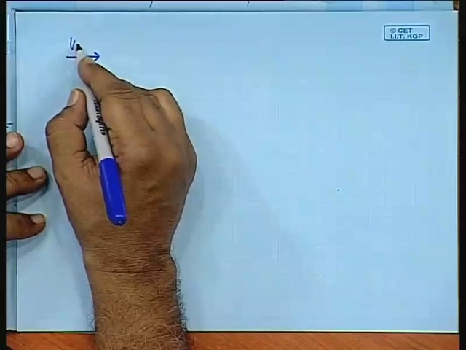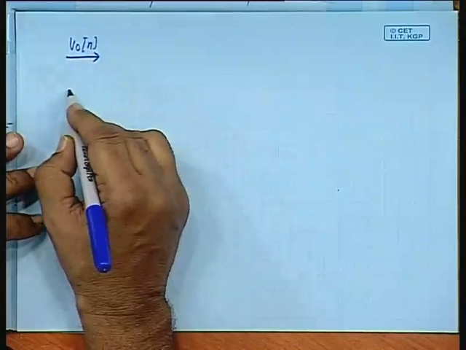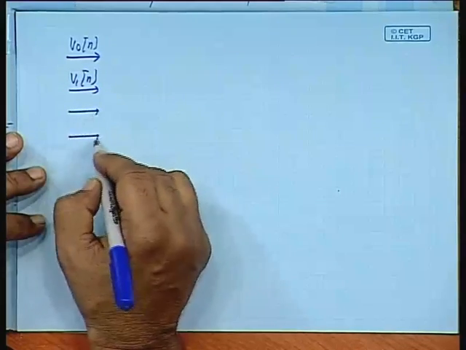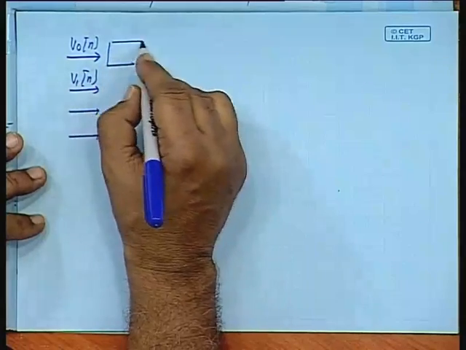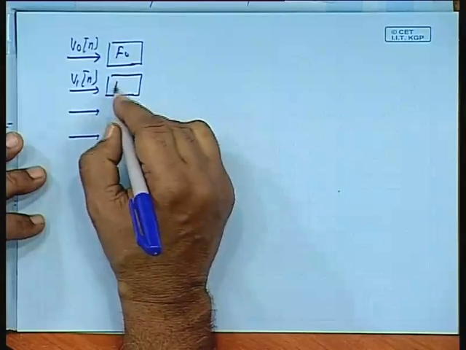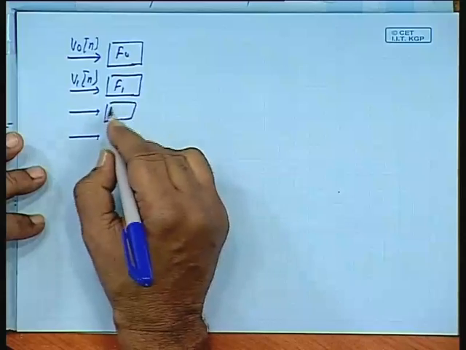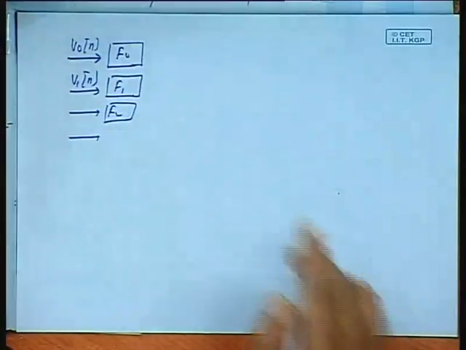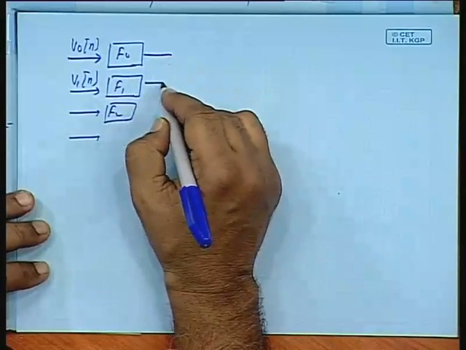And when you synthesize, you take different signals, say V0[n], V1[n], and so on, and then you have these filters, say F0, F1, F2, all similar filters, and add them together.